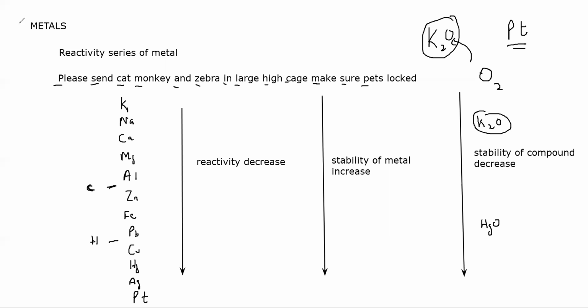Then the second is reaction of metal with acid. In this chapter, you will find many tables which you have to learn.